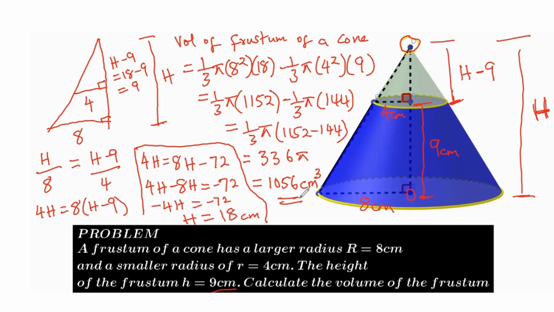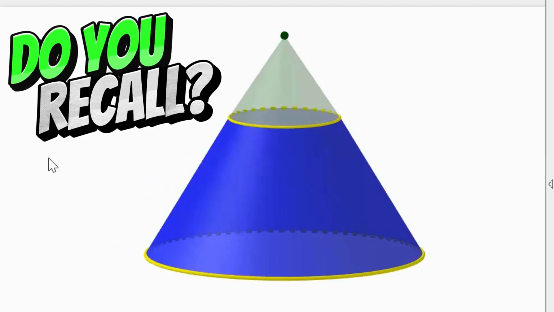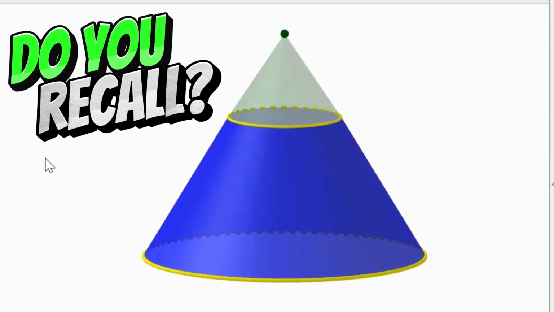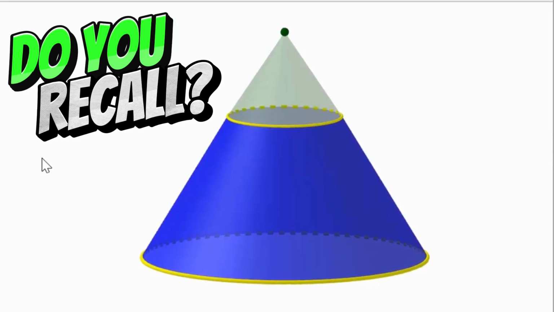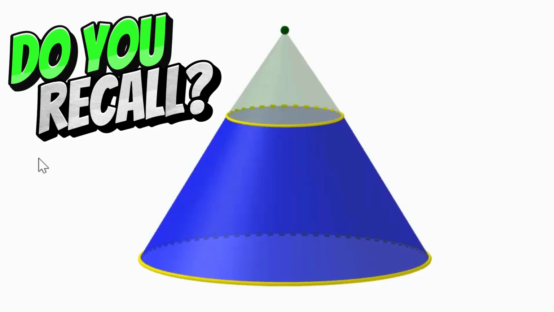Guys, that will be the volume of the frustum of this cone, whose dimensions are given in this problem below. So the volume will be 1,056 cubic centimeters.